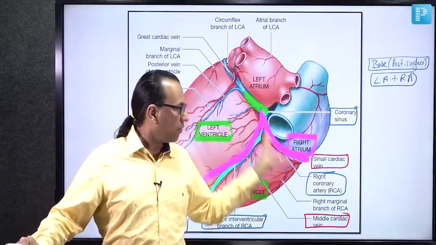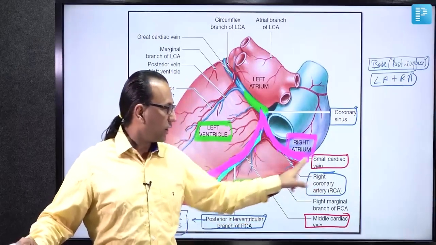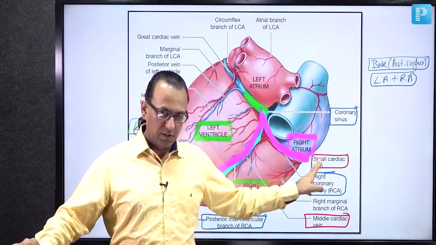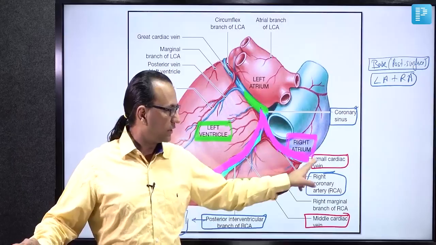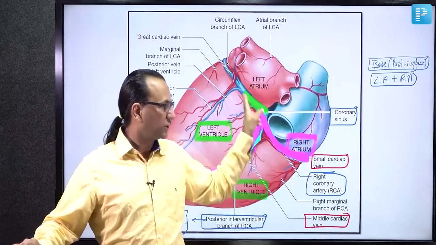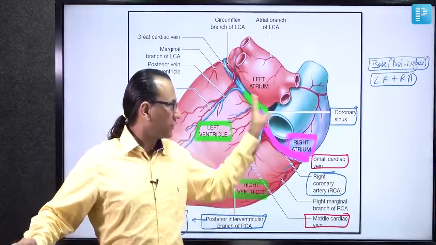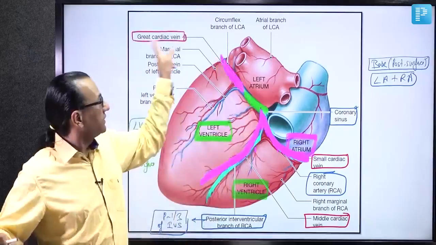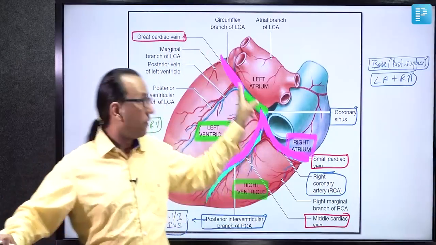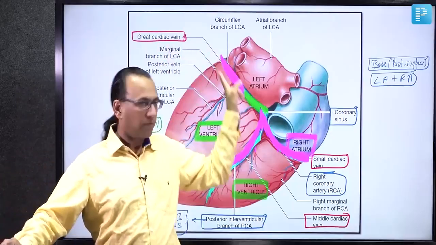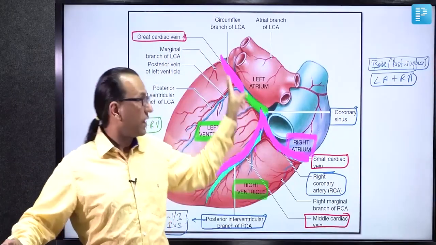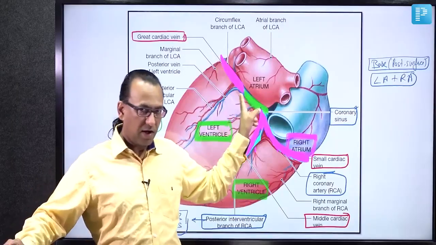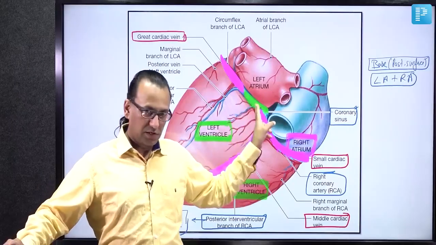If you remember, the small cardiac vein follows the right coronary artery in the right coronary sulcus posteriorly to drain into the coronary sinus, which lies in the coronary sulcus posteriorly. And it also receives the great cardiac vein coming from the left side. This great cardiac vein follows the circumflex artery in the left coronary sulcus posteriorly and then drains into the coronary sinus posteriorly.